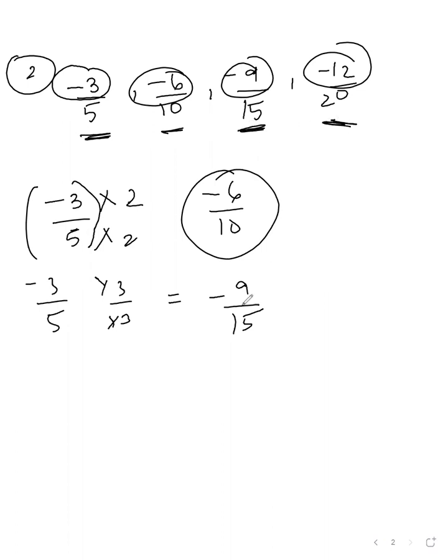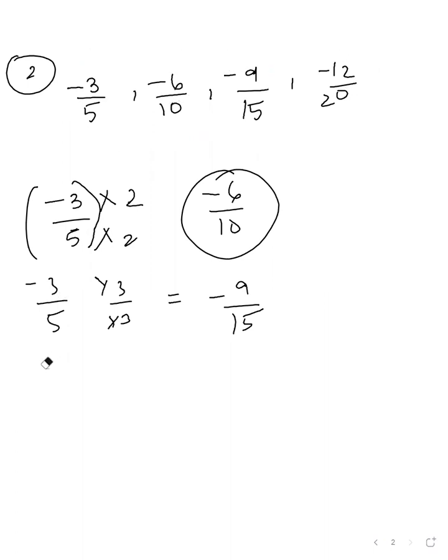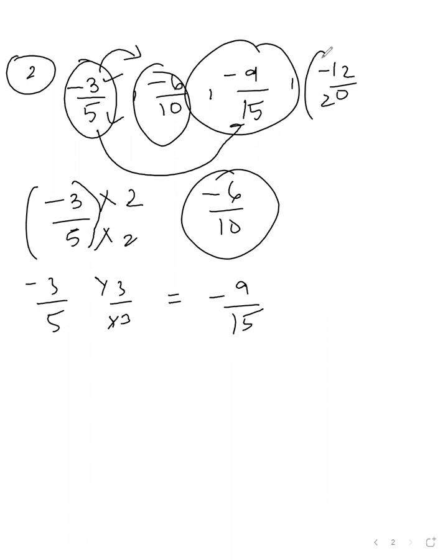We know that this is the table of 5. So now what have we noticed here? That minus 3 by 5, you multiply numerator and denominator both by 2, you get this. Then you multiply by 3, you get this. Then into 4, you get this.